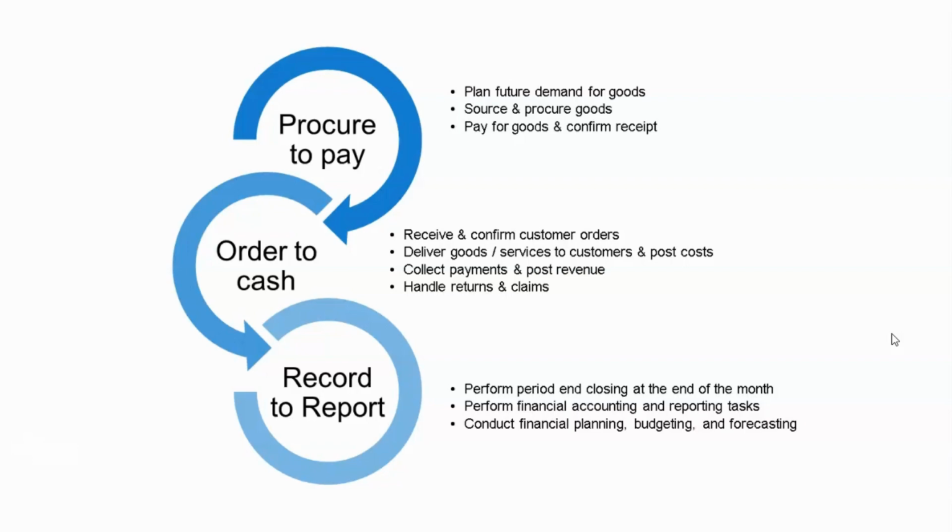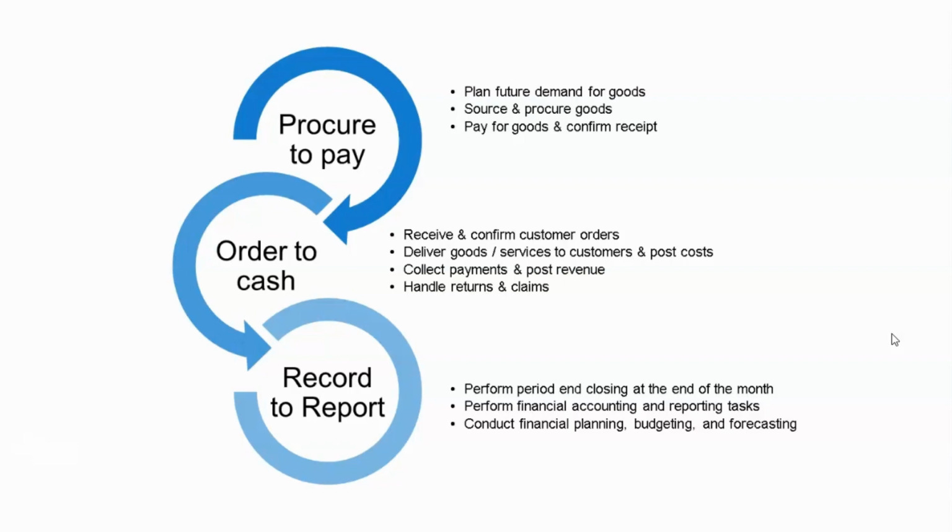So in the sourcing and procurement line of business, the business identifies what they need from suppliers, purchases the items, for example laptops for new hire employees, pays the supplier and receives the goods. So that's the whole process of procure to pay. To summarize that, it has planned future demand for goods, source and procure goods, and pay for goods and confirm receipt. That's it.